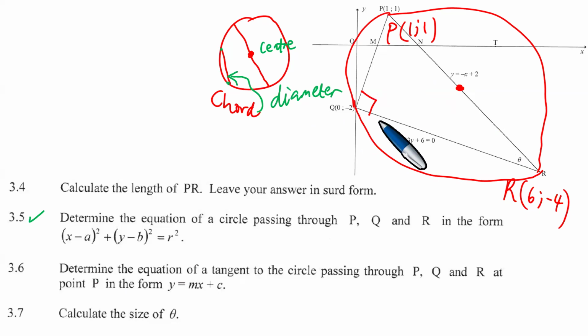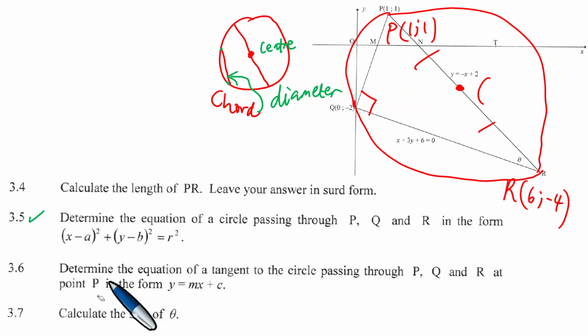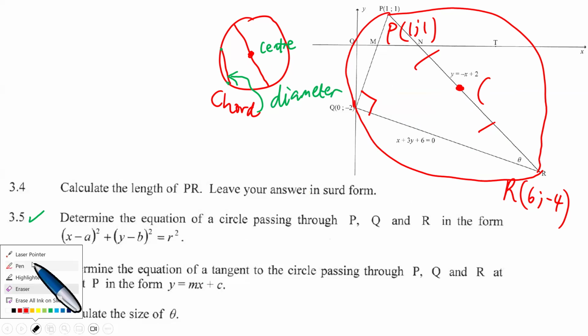If it is an angle subtended by the diameter, we can find the center of this circle by finding the midpoint, and we can call the center O of the circle. There's already a point O there, so we can give it a different name, but it is necessarily the center of this circle.